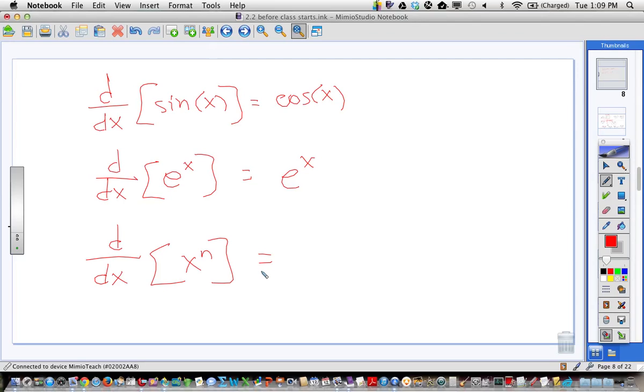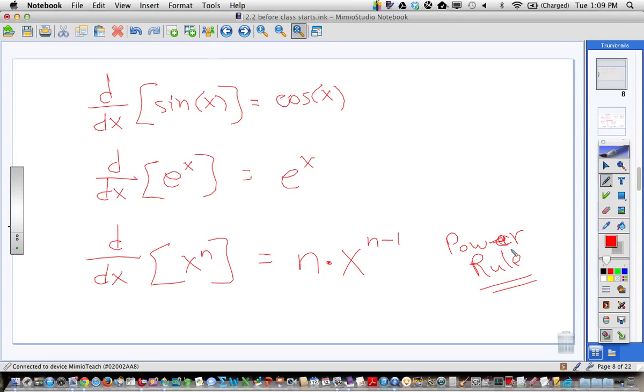Anytime you have a function with x raised to a numeric power, the derivative is that power brought down in front, and then the new power is 1 less. That is called the power rule for derivatives. The power rule for derivatives, and it's written in your book that way.